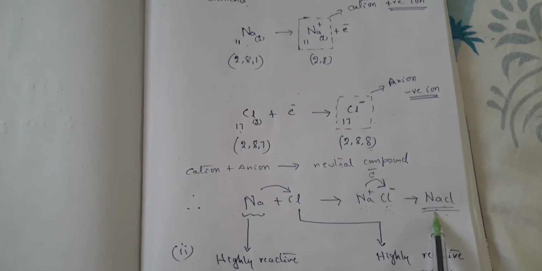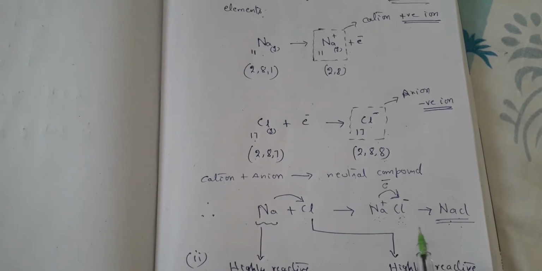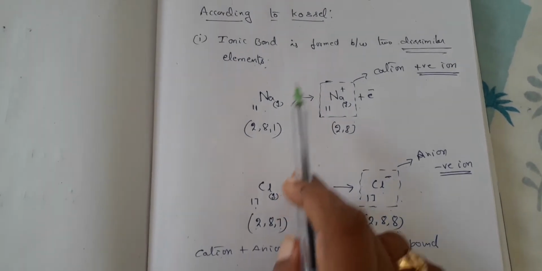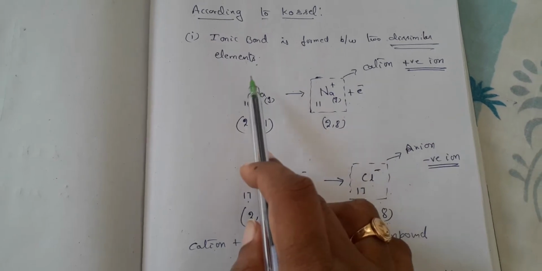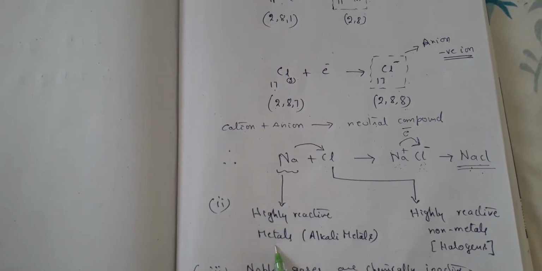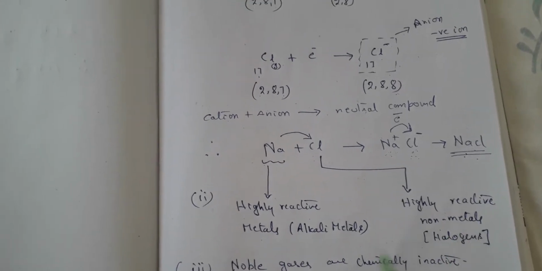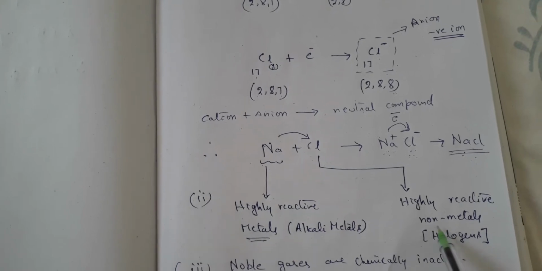a neutral compound. Okay, so now the second statement. The first statement is that it is formed between two dissimilar elements. The second one is that usually this comes from highly reactive metals and highly reactive non-metals. So both the elements should be highly reactive.